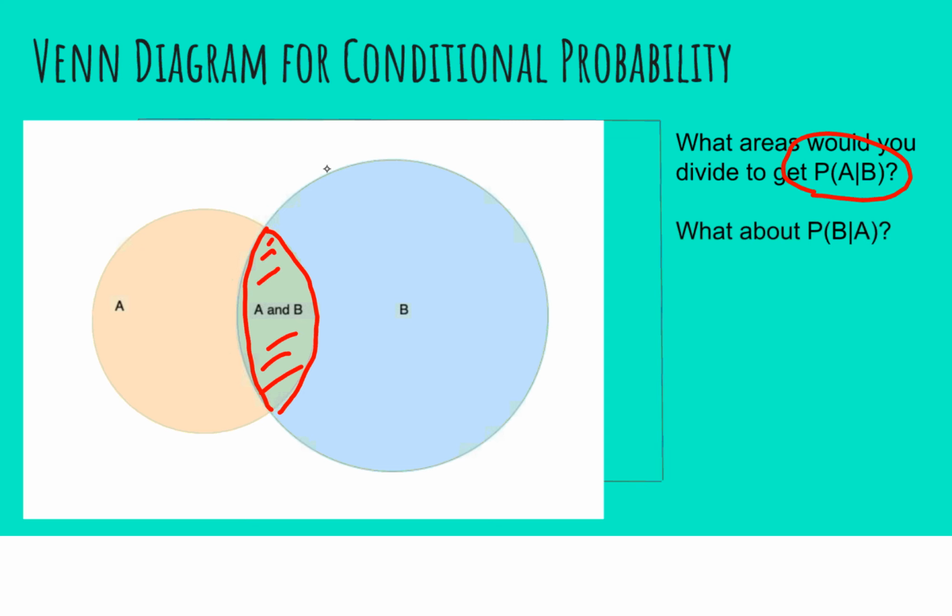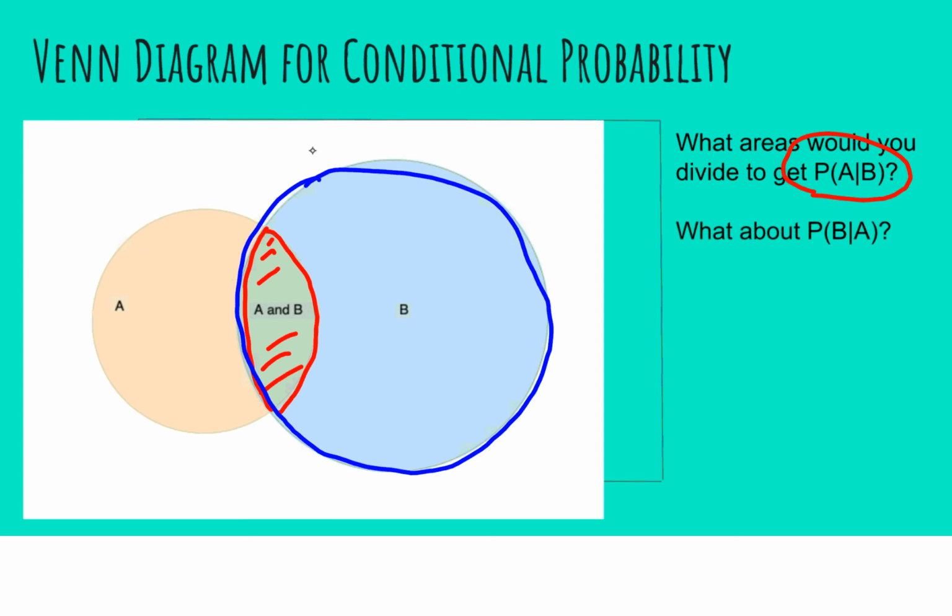And we're going to be dividing that by the probability of B, which is the circle I'm outlining in blue. Right? So you can see, maybe this little red piece might take up about a fifth or a sixth of that big blue circle in terms of area.